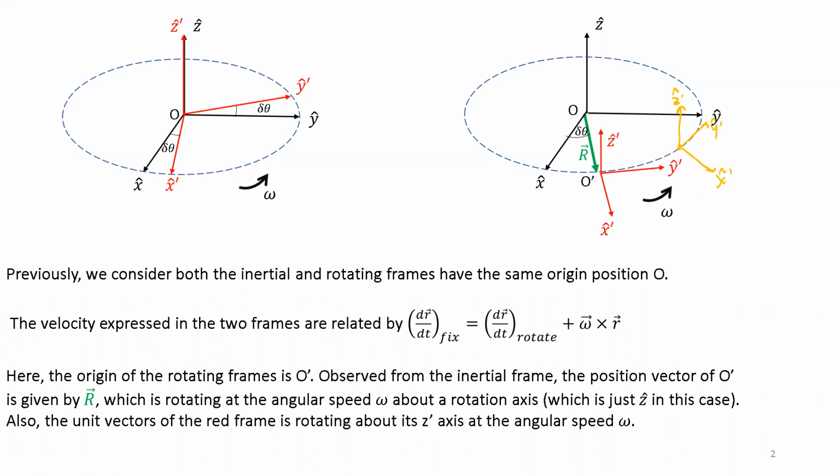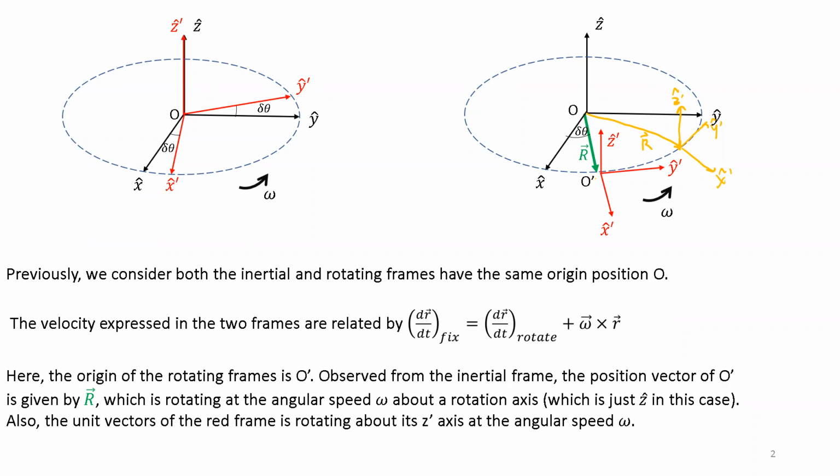At that time, this capital R will be here. I forgot to mention that this capital R is the position vector of O prime itself, with respect to the fixed coordinate system.